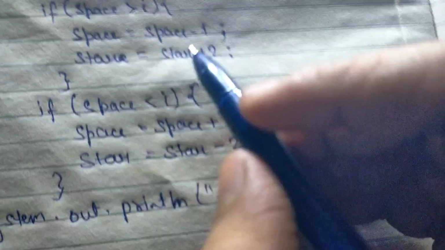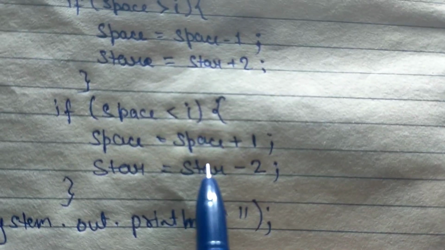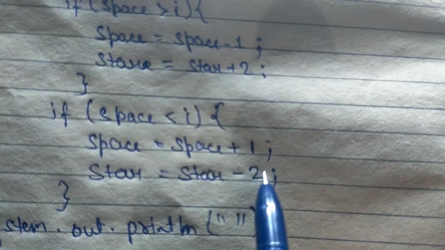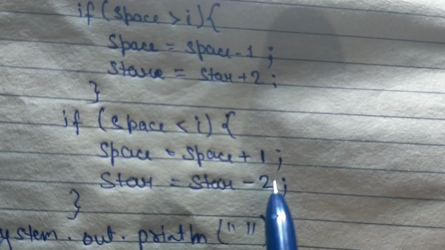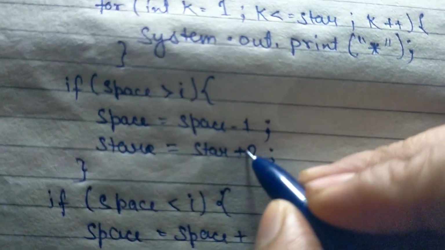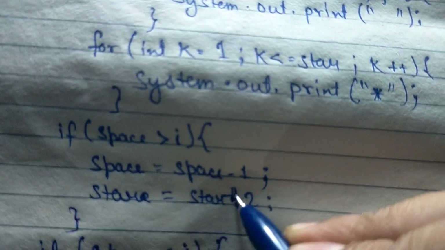1, 2 and 3, because here the star should be plus 2. For the first row, the star should be 1. After that, when the loop is 2, then star will be plus 2.